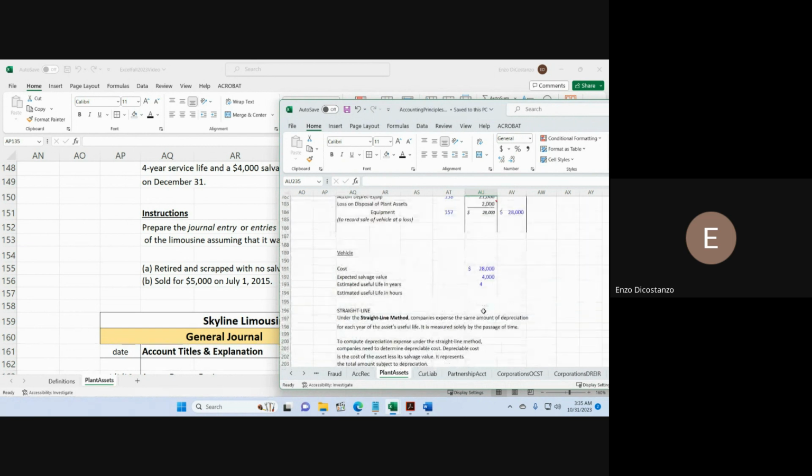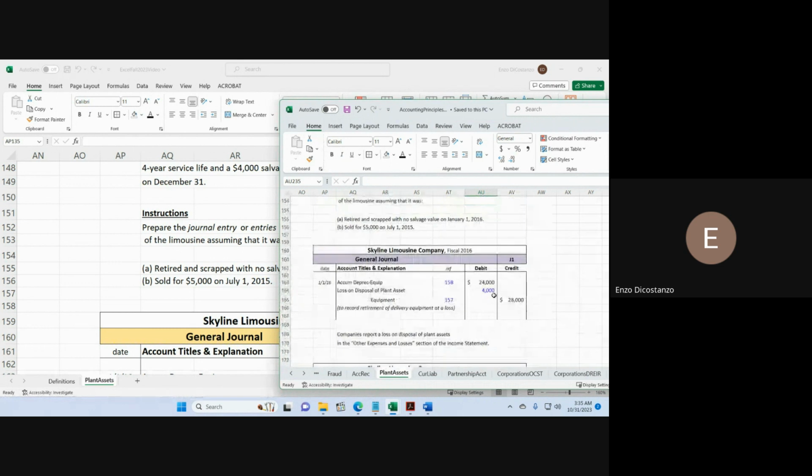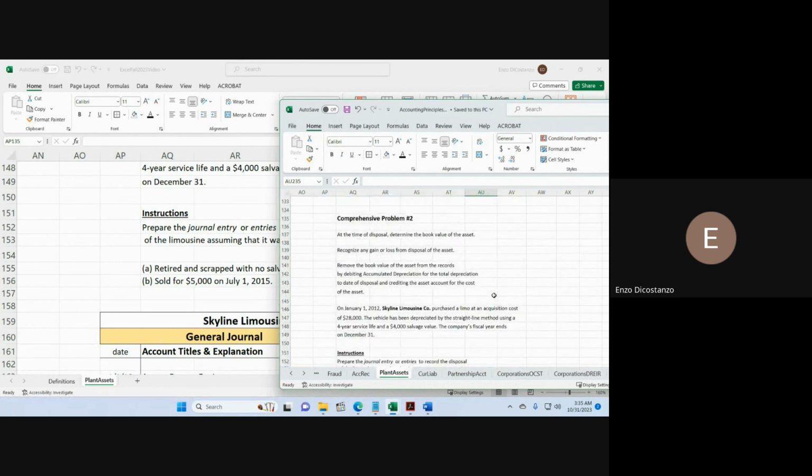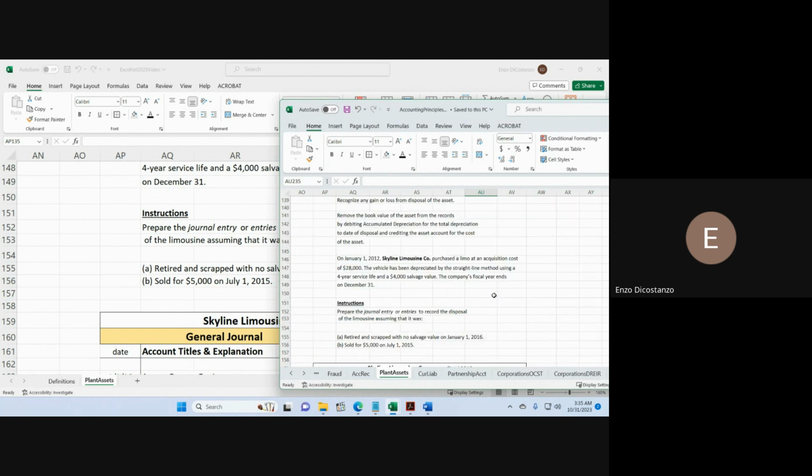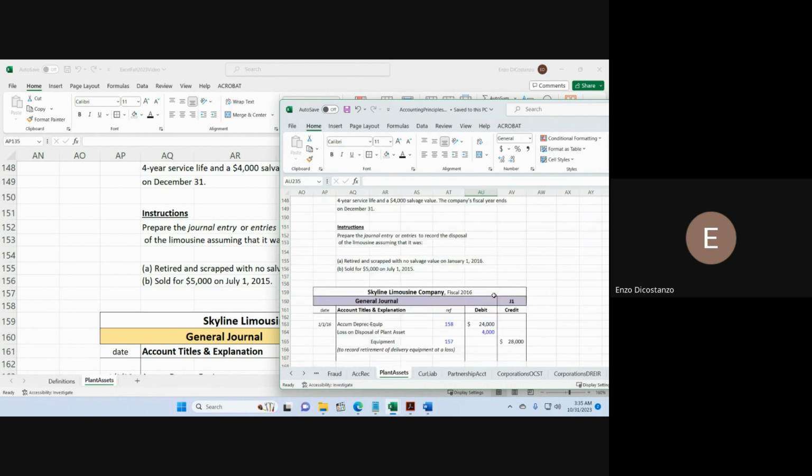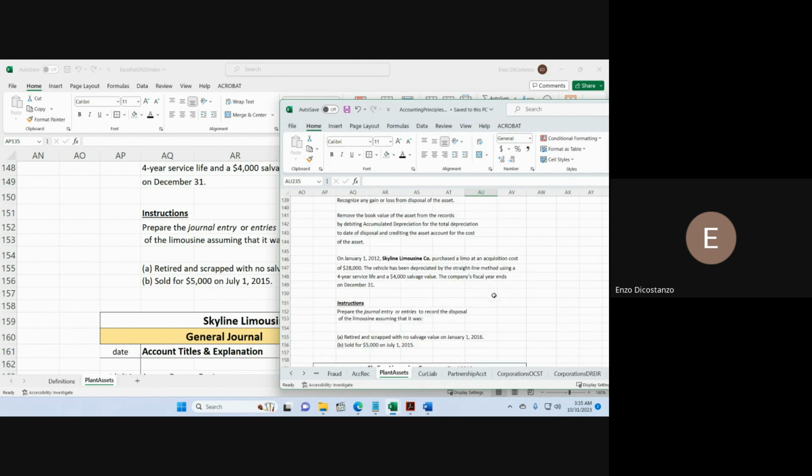Okay, so I think there's a couple things that are happening here. What's happening is disposal: determine the book value of the asset, recognize gains or losses, remove the book value of the asset, record. Fine. So acquisition of 28,000, depreciated over a 4-year service life, 4,000 salvage. We did that.